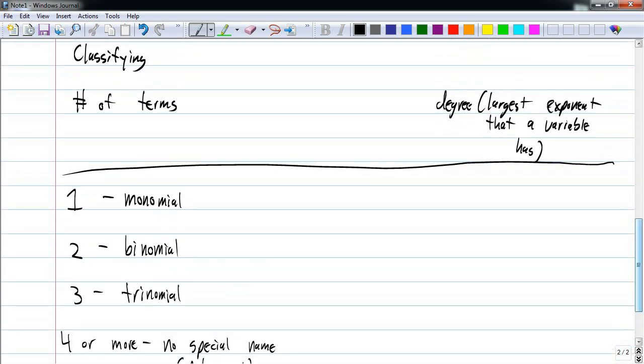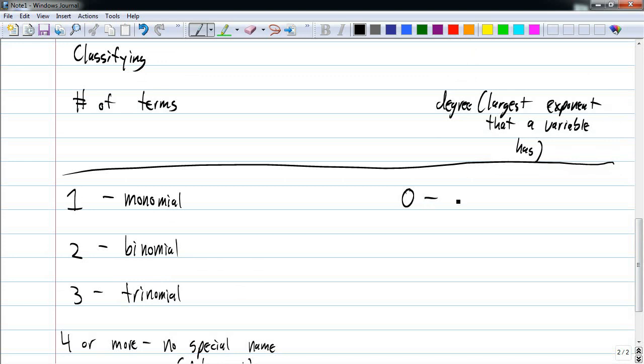The degree. Anything that has an exponent of 0 on a variable. Now remember, anything raised to the 0th power is 1. So any variable raised to the 0th power becomes 1, and the variable essentially disappears.